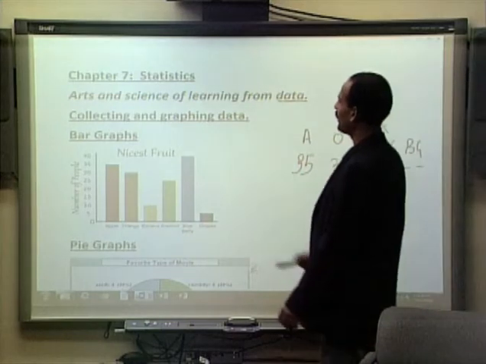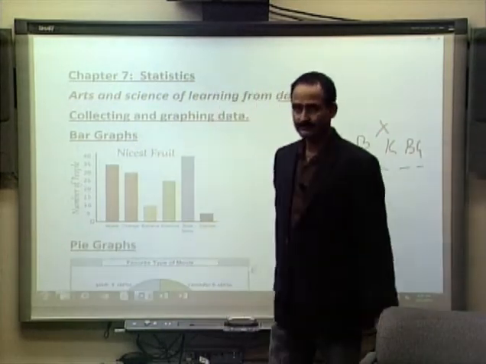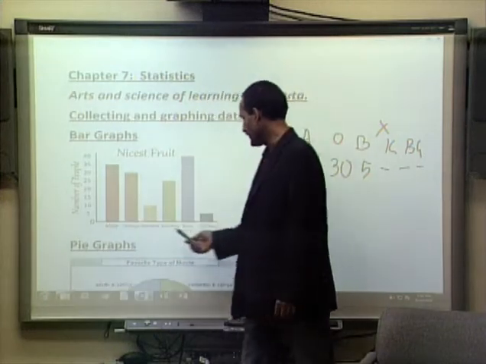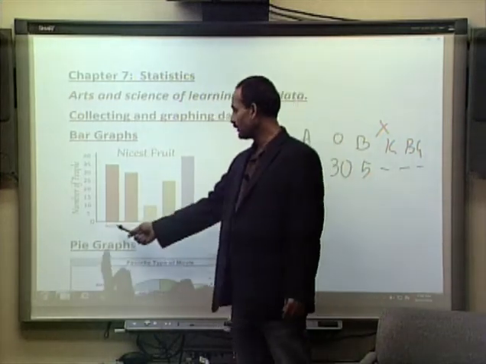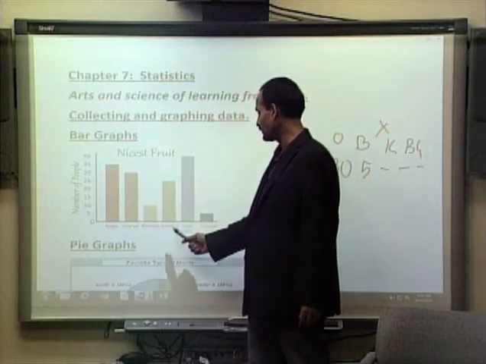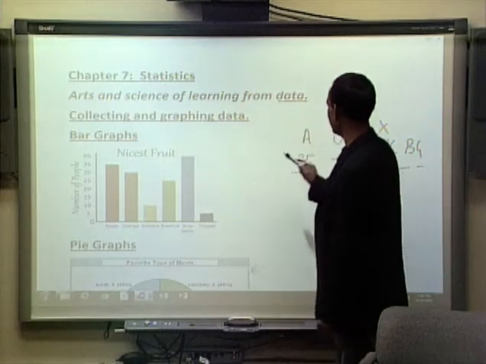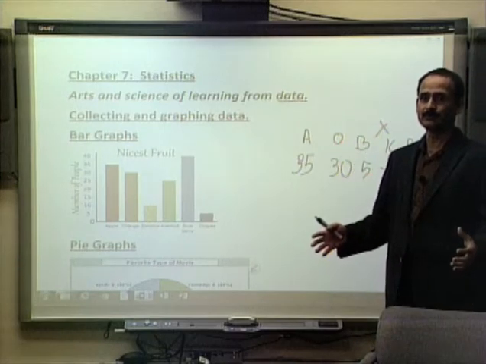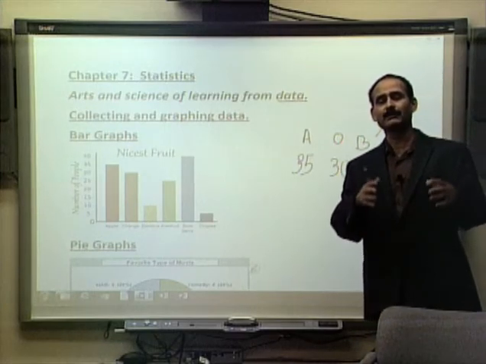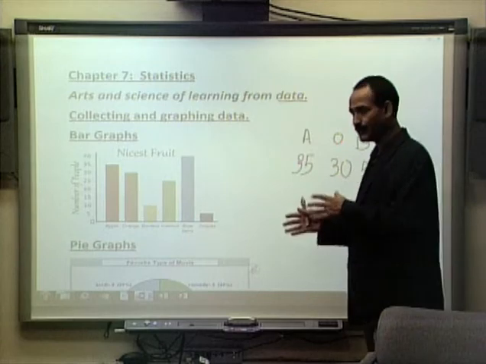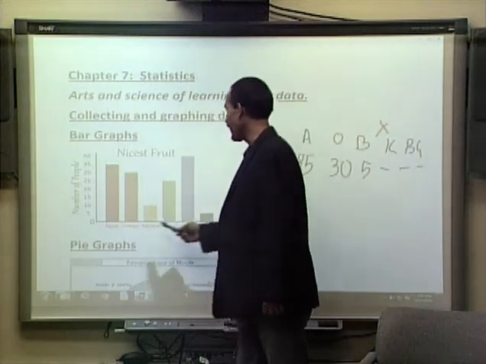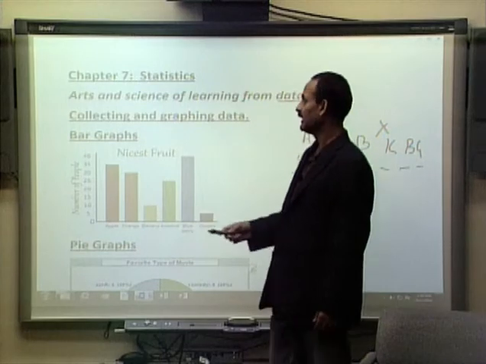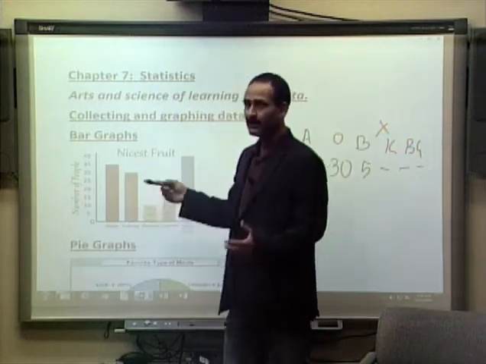One of them is called a bar graph. Bar graph means on the horizontal axis we put the different categories we have. In this example I was thinking of different types of fruits. So, on the horizontal line we put the different types, and on the vertical line we put the number.